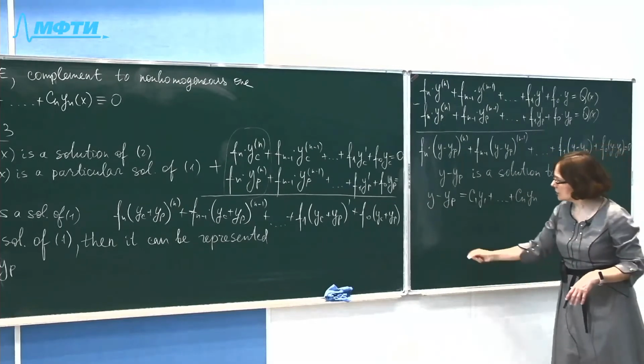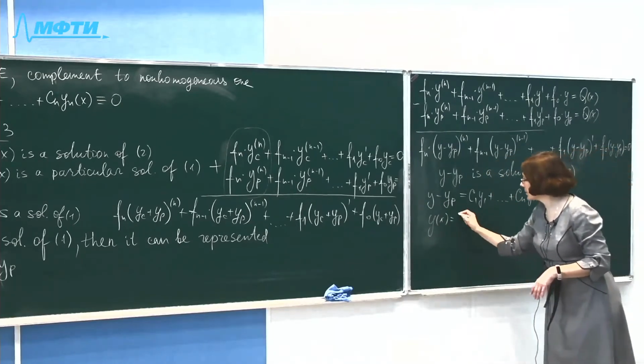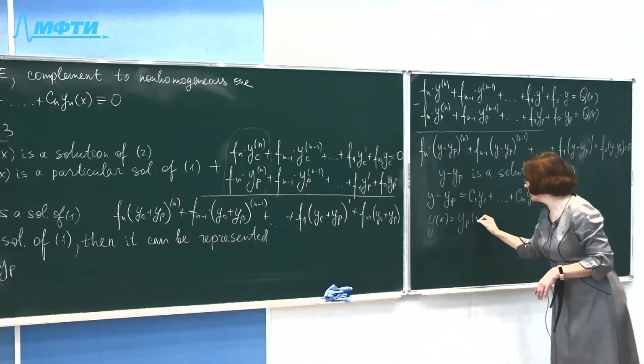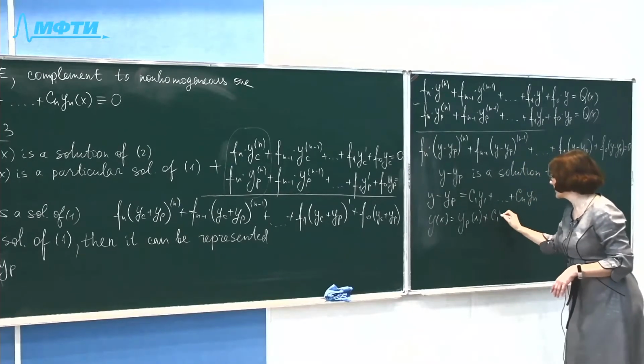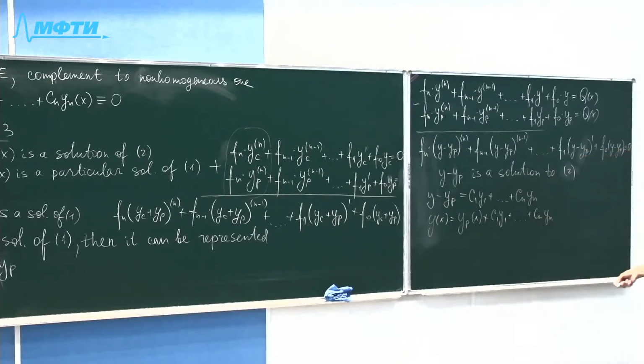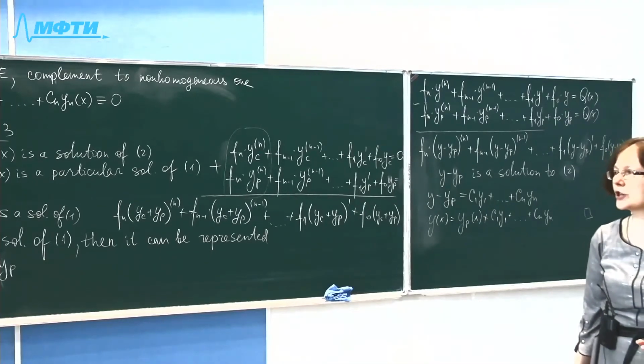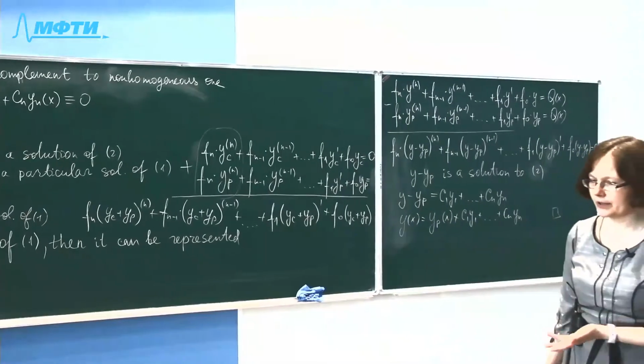So this proves that y of x can be represented as yp of x plus c1 y1 plus dot dot dot plus cn yn. So proved. Theorem is proved. And we will use this theorem in what follows. We will try to solve non-homogeneous linear differential equations using this property.